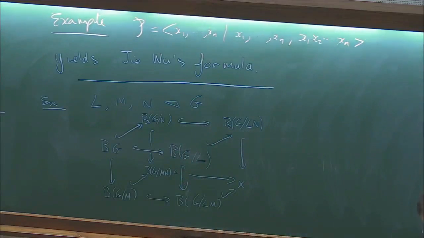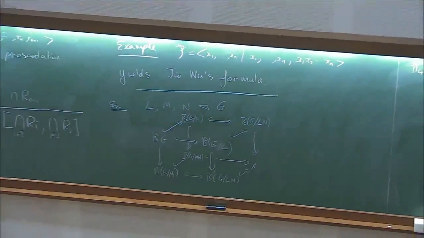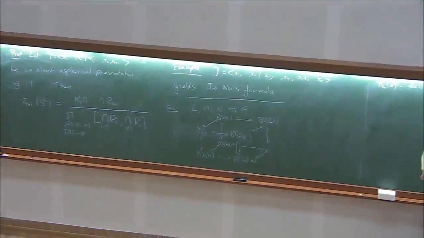Then what one finds is that the fourth homotopy group of this space is actually the kernel of the map, commutator map. Well, I haven't defined this yet, so okay, I'm going ahead. I have to define what I mean by this.